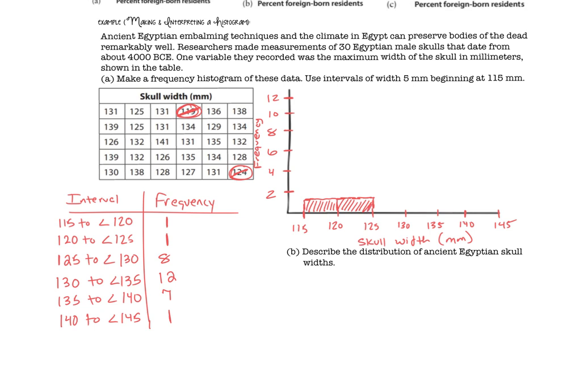And if you want to do a different color or a different design, you can. And then 125 to 130 was 8. Now look, I'm going to keep the bars touching here, just like that. I'll do a little bit different design here so we can distinguish.